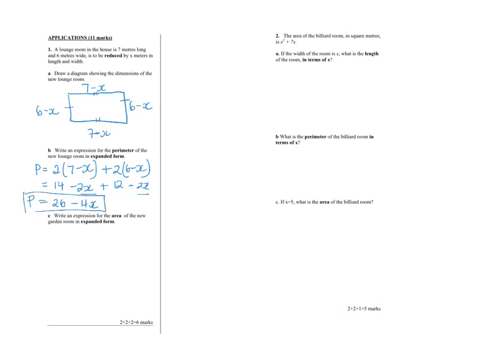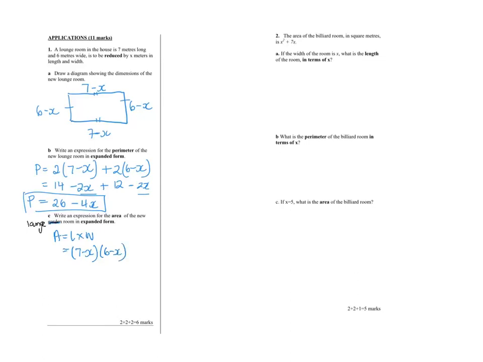Write an expression for the area of the new garden room in expanded form. I think this was supposed to say lounge room. Sorry. So we'll do that. Anyway, so a new area is length times width. So area equals length times width, which we know the length is 7 minus x and the width is 6 minus x.